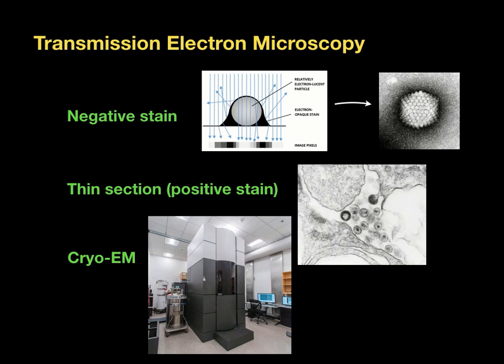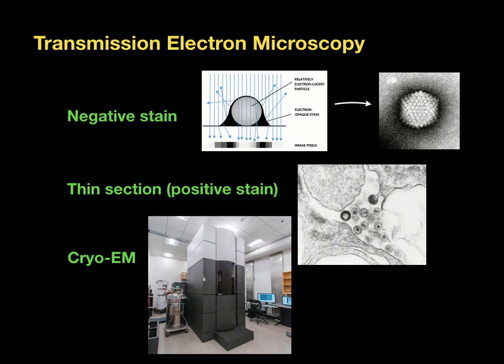Then there's another technique of electron microscopy that's called cryo-EM, and this is basically because we're using frozen samples. These allow us to get more resolution, and this is a machine that is down at the waterfront. Steve Reichel uses that machine.